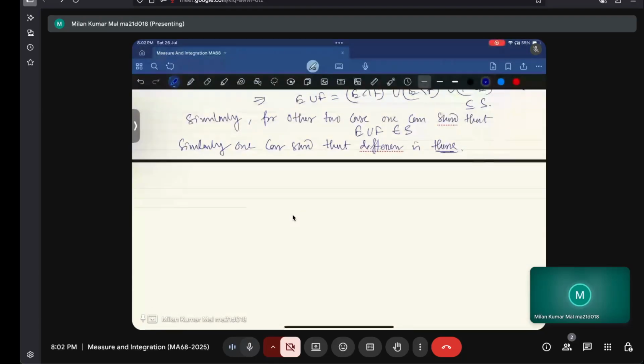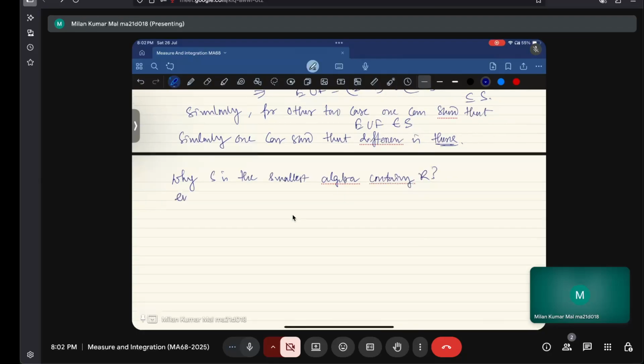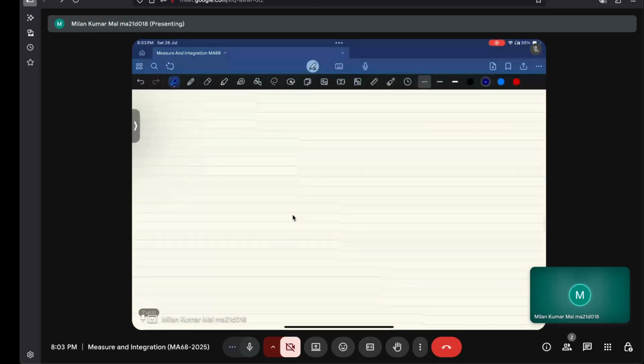Now, to prove why S is the smallest algebra containing R, it is enough to show that any algebra containing R must contain S. Any algebra, any sigma algebra, I think the term is smallest algebra, right?